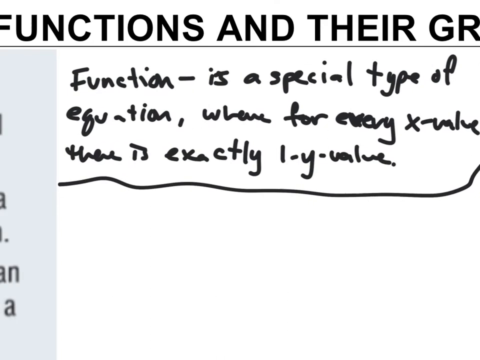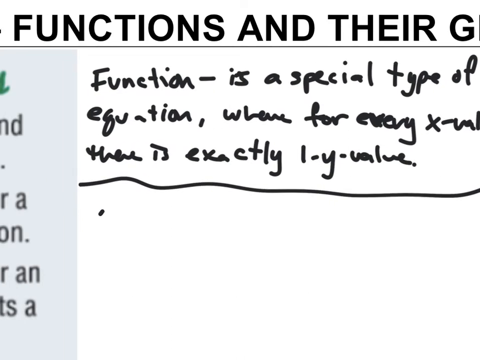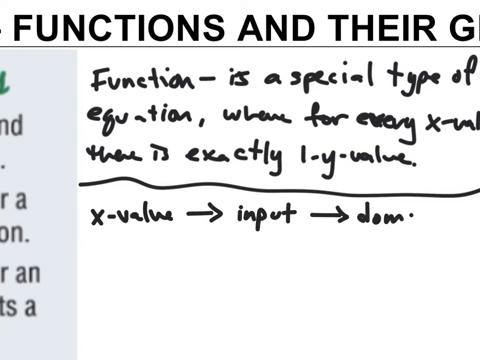Okay, let's think about this. Oftentimes we use the words x value. We can also use the word input. We can also use the word domain. So all three of these words mean the same thing. If we say a y value, we often call that an output.